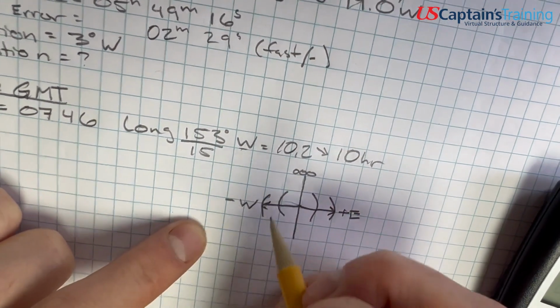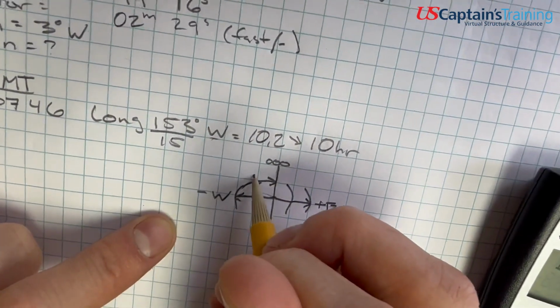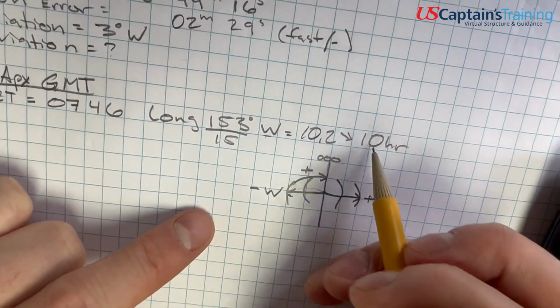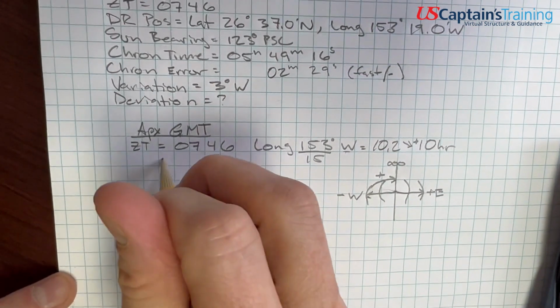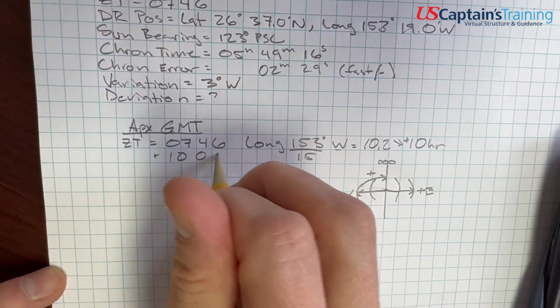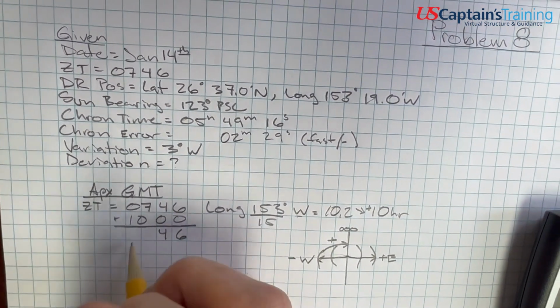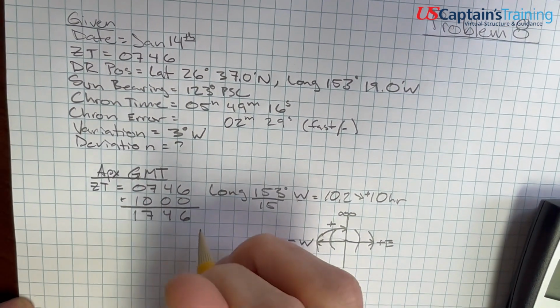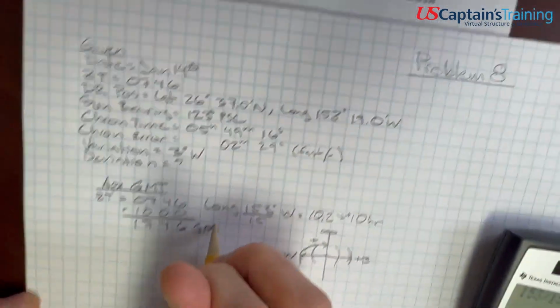So we're in the west. We need to get back to the prime meridian, so we go back. We need to add this. So we're going to add this 10 hours to our zone time. Add 10 hours: 17:46. This is our approximate GMT. This is the right ballpark.